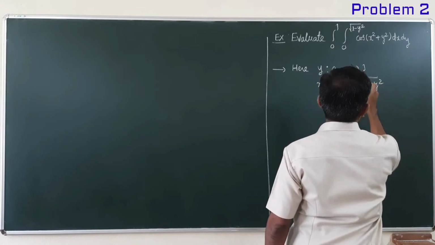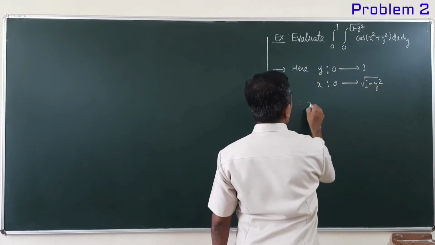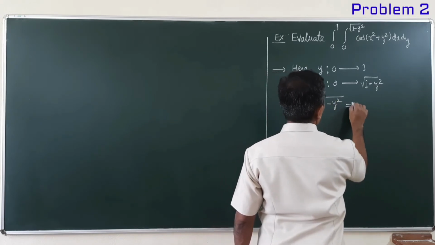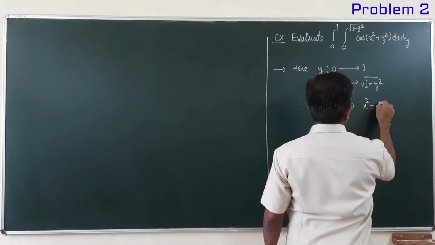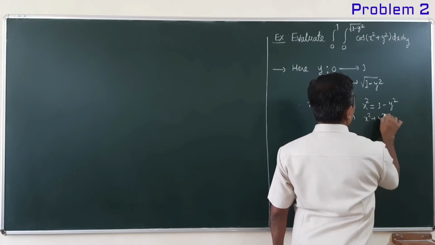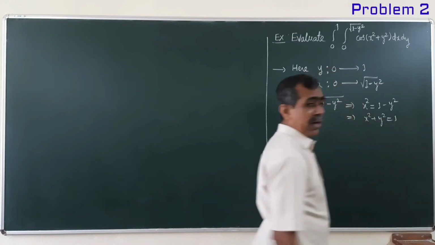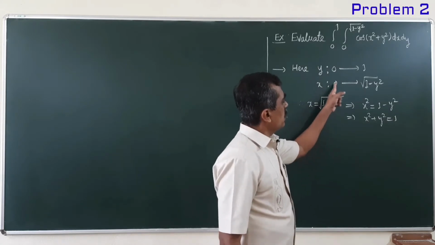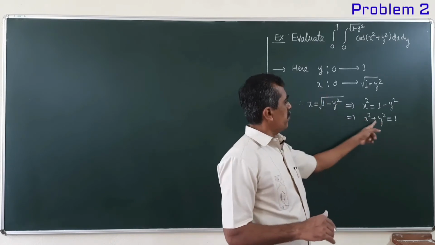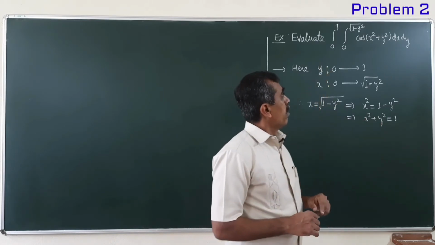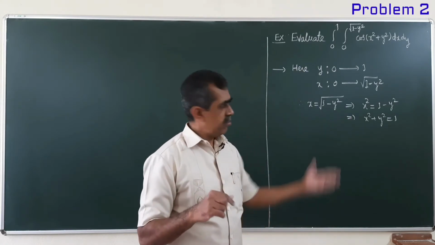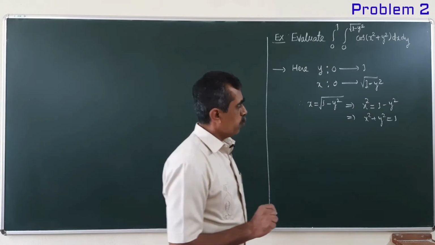So x equals root 1 minus y square implies x square is equal to 1 minus y square, which implies x square plus y square is equal to 1. So x runs from 0 up to the boundary of the circle. The domain of integration is part of this circle of radius 1, which is r equal to 1 in polar coordinates.